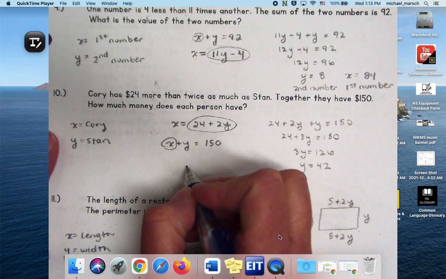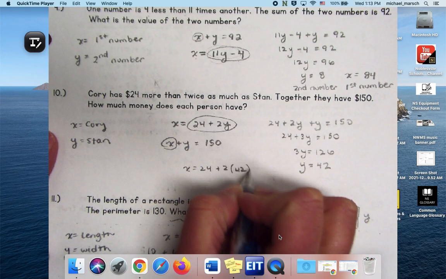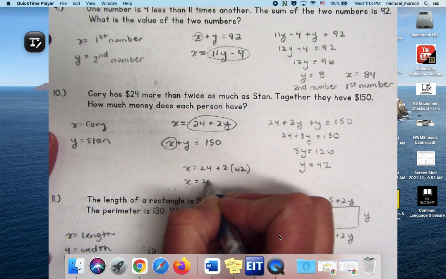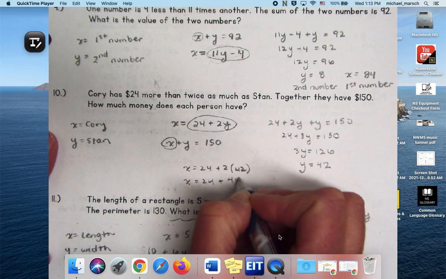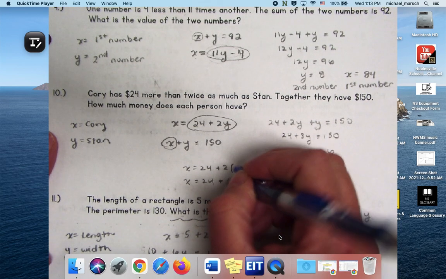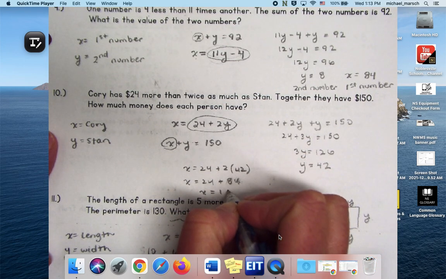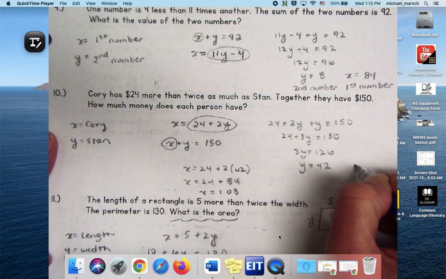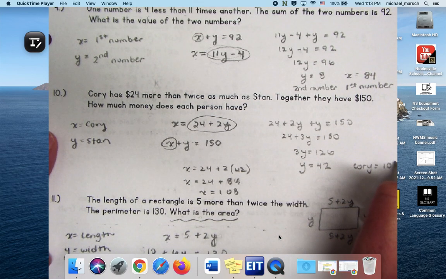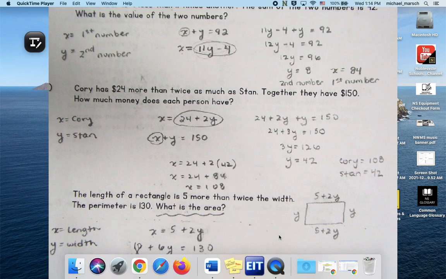So I'm going to say x equals 24 plus 2 times 42. Does it work? Does 108 plus 42 equal 150?